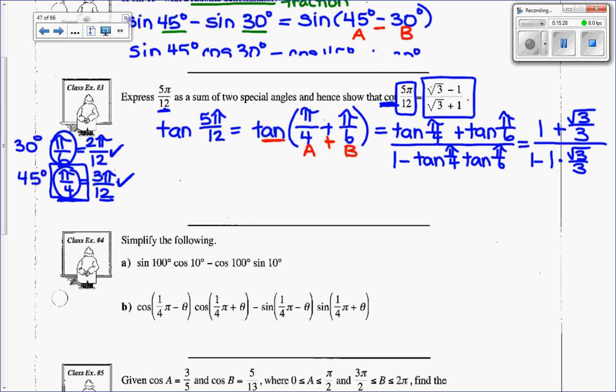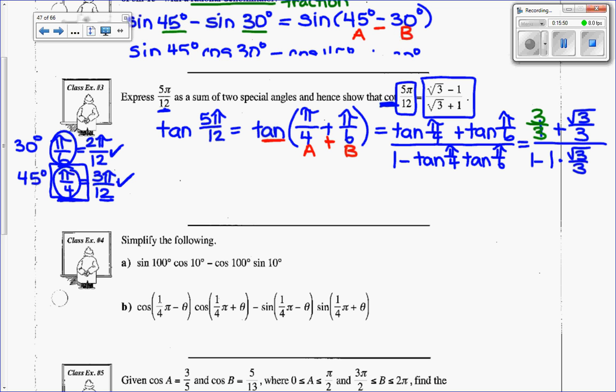Now I'm going to go back over here to the left side. So what I've really got on the top is 1 plus, actually let's do that addition on the top. Again, I can't add 1 plus root 3 over 3 without having common denominators. So this is really the same thing as 3 over 3, right? 1 is 3 over 3.